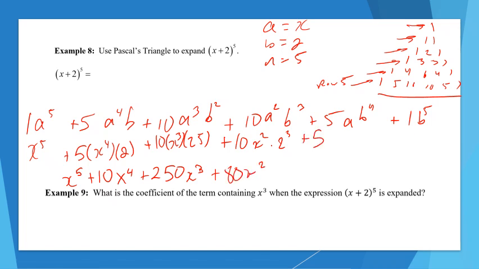Then we have plus 5 times x times b to the power of 4. So 2 to the fourth, which is 16, times 5. So 16 times 5 should be 80, so plus 80x. And then this should be plus 2 to the power of 5, which is just 32. And so this should be the equation for example 8 right here.